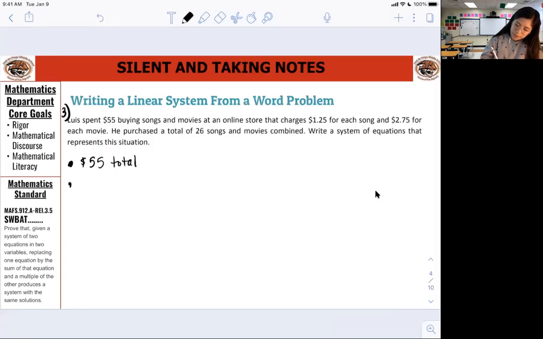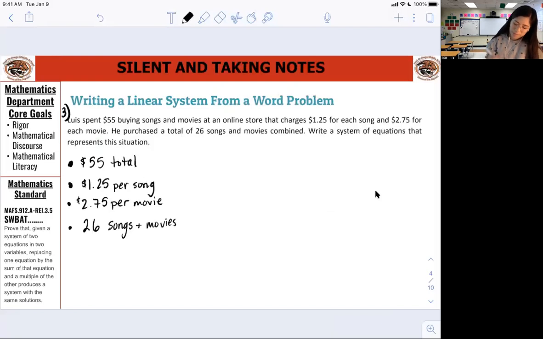And we know that it is $1.25 per song, and $2.75 per movie. And then we also know that he bought 26 songs and movies combined. Is that all the info? Yeah, that's everything I've got.